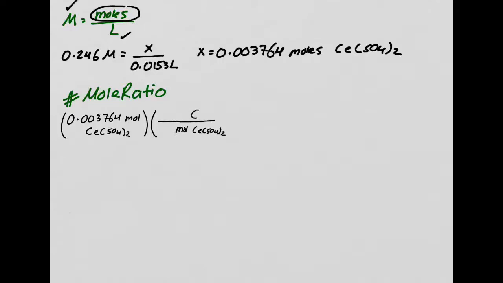What I want is the moles of cerium plus 4. Okay? So what's the mole ratio? Mole ratio is that in one cerium sulfate, how many cerium do you have? Tell me. In one cerium sulfate, you have one cerium.